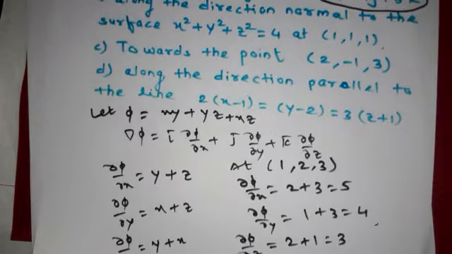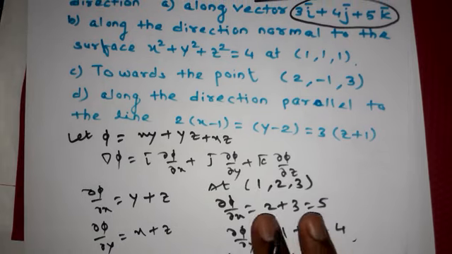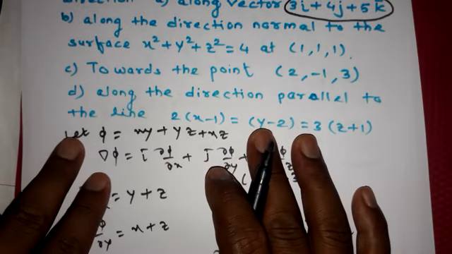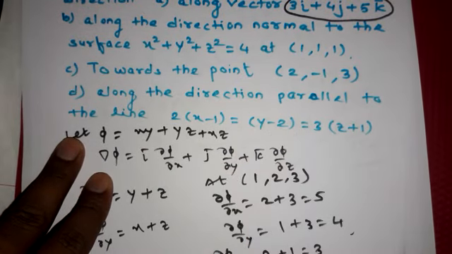Okay. Now the fourth and very important point: along the direction parallel to the line. Whenever the question is on the line, you have to concentrate on DRs of the line, or sometimes DCs, but we focus on DRs of the line.